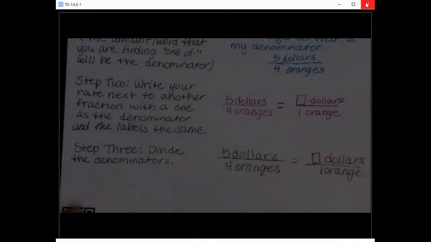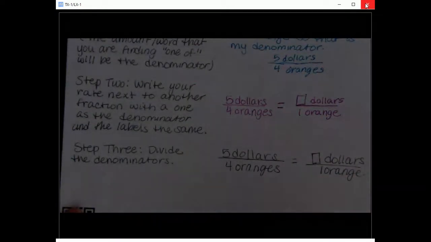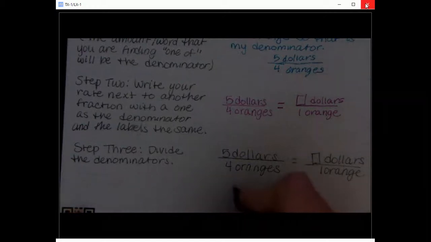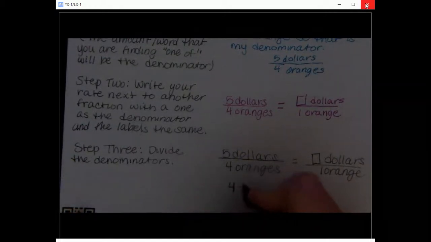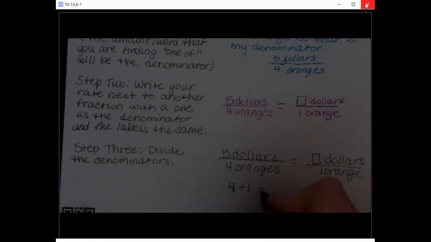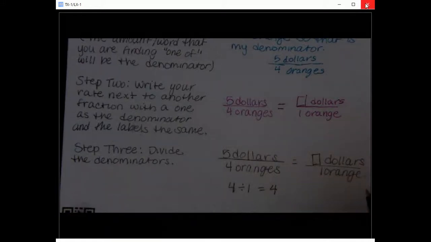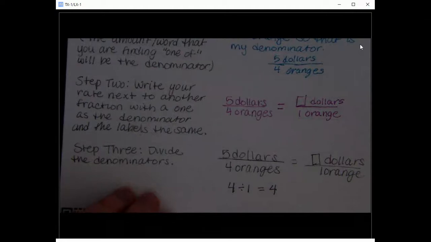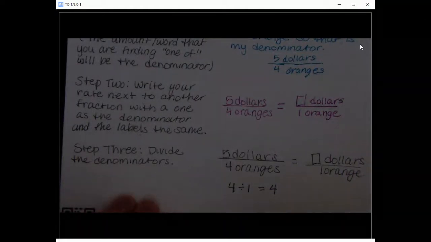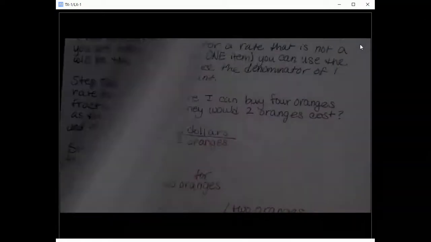And that's what we do in a ratio. In this case, we're just going to divide. So we're going to take 4 divided by 1, and we know that that is 4. Okay, good so far.